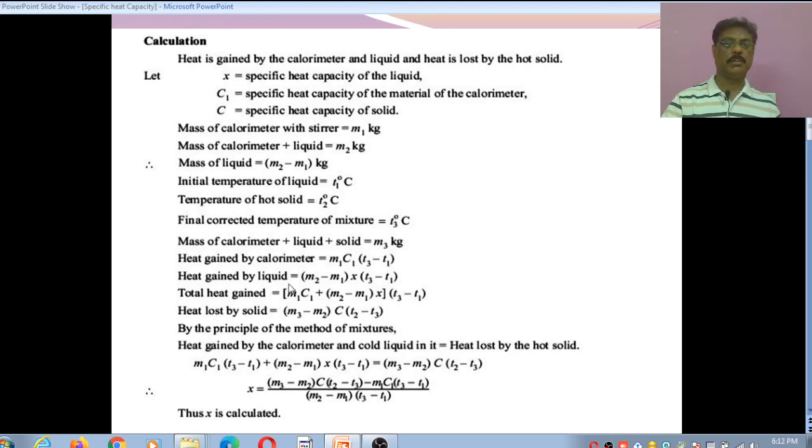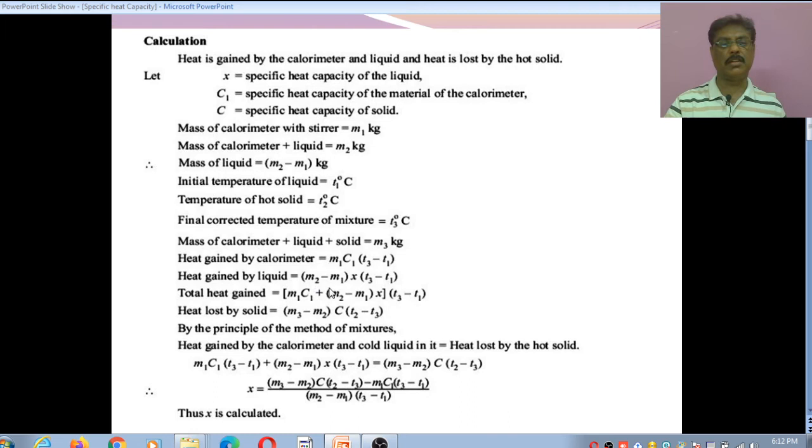Now the heat gained by the given liquid is equal to M2 minus M1. What is M2? M2 is the mass of the calorimeter and the liquid, and M1 is the mass of the calorimeter. We subtract these two, and this is the mass of the liquid.